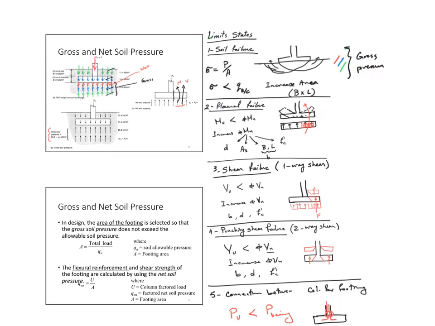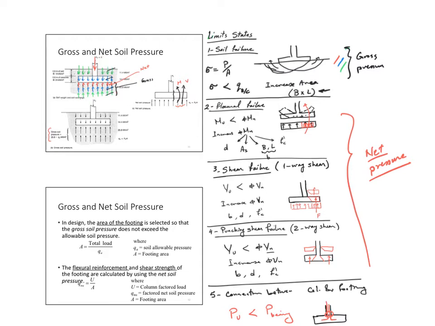So all of these guys will come from the net pressure. Okay? So when I'm designing, at the time I'm looking at sizing the column, sizing the footing, I only have the column load. I have to add up footing load and loads coming at basement to be able to find my size, to find B and L.